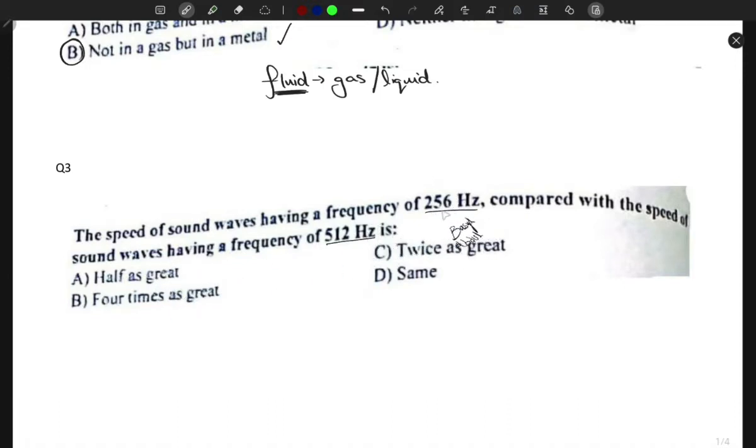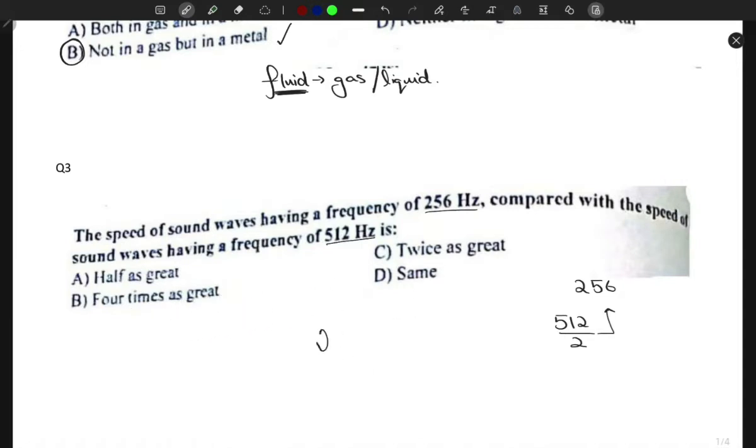So we can clearly see that 256 is really half of 512. So if I divide this by 2, I get 256. So we are asked the speed of sound waves having this frequency compared with the sound waves having this frequency is half as great, twice as great, 4 times as great, same.